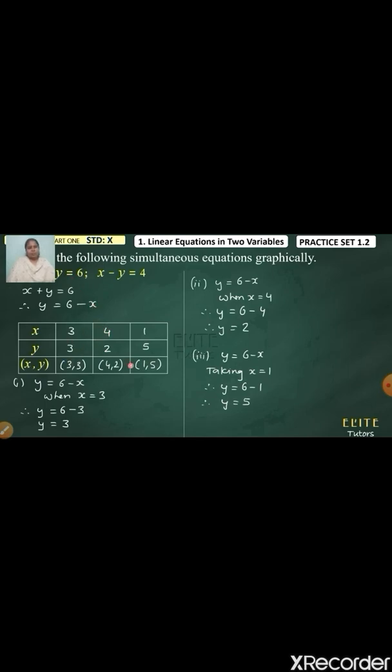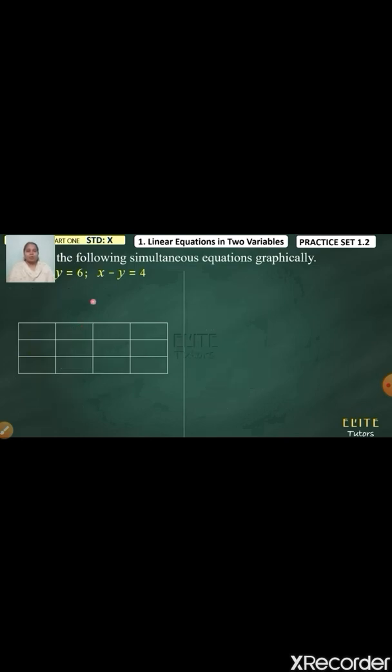Same way we have to prepare the table for three values of the second equation, that is x minus y is equal to 4. So let us take that. Now, the first step here also is to express the given equation in terms of y.